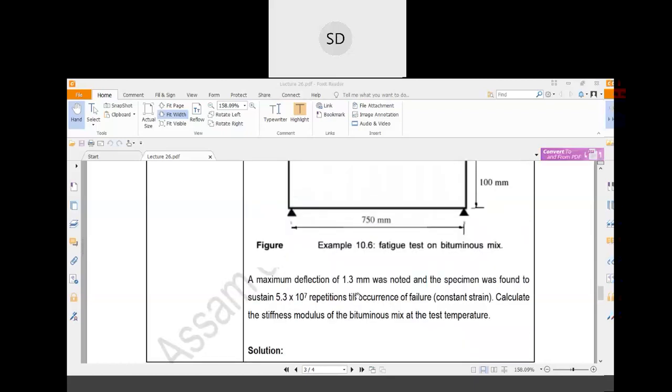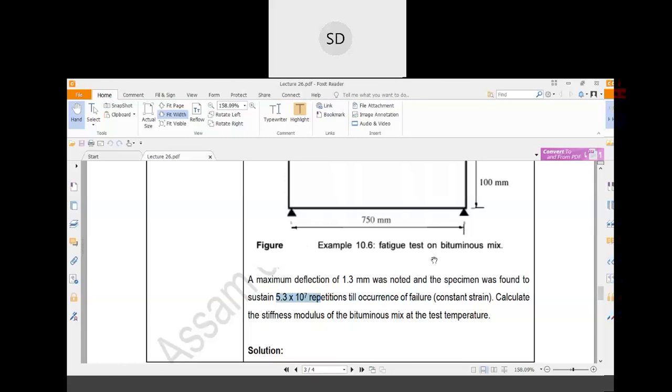So a maximum deflection of 1.3 mm was noted, and the specimen was found to sustain 5.3 into 10 to the power 7 repetitions till occurrence of the failure. So basically for the failure of this sample, you need 5.3 into 10 to the power 7 of that particular load repetition.